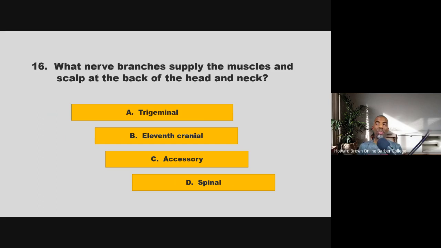What nerve branches supply the muscles and scalp at the back of the head and neck? Is it trigeminal, 11th cranial, accessory, or spinal? If you chose D, spinal, you are correct.